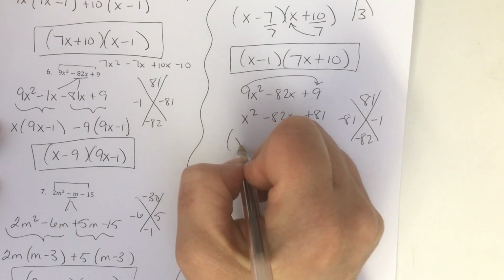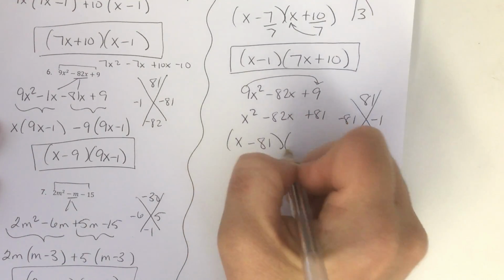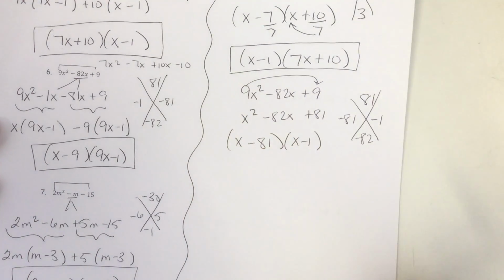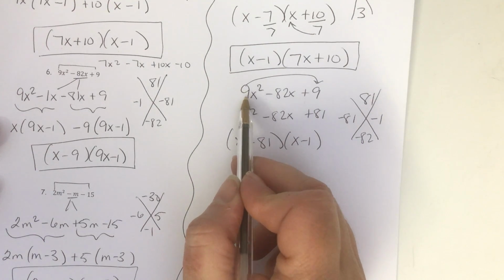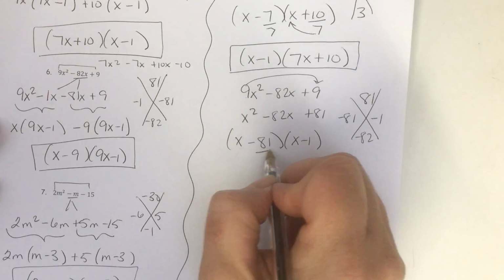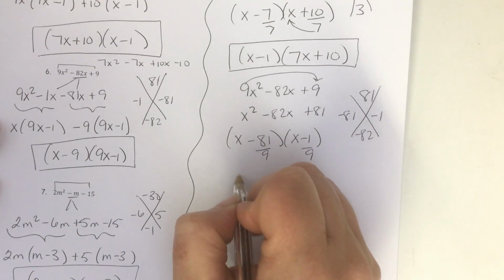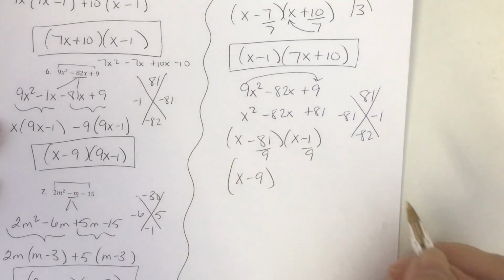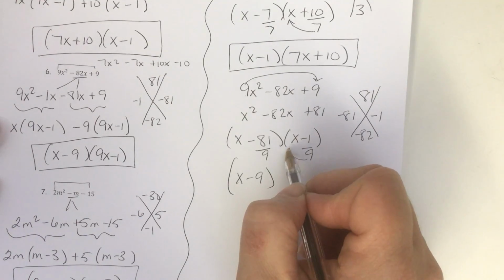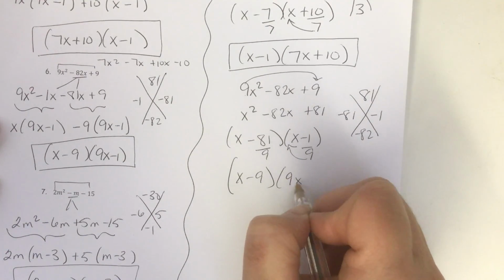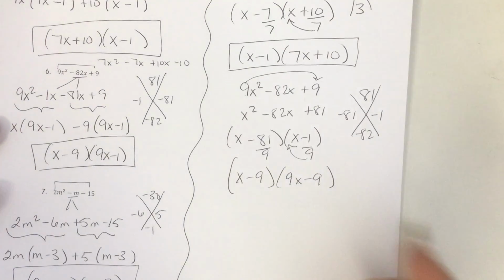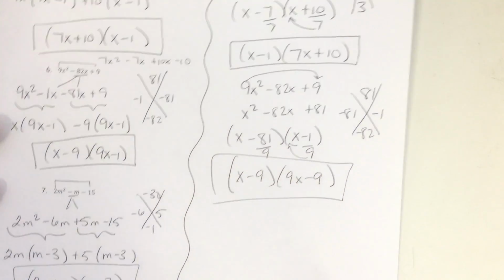So then this factors into x minus 81 and x minus 1. I slid the 9 over, so I've got to divide by 9. This divides into 9, so that gives me x minus 9. This does not divide, so I do bottoms up, and I get 9x minus 1. So that's my answer for that one.